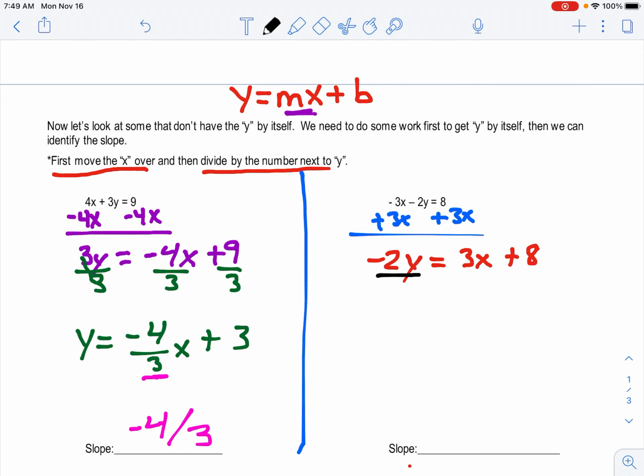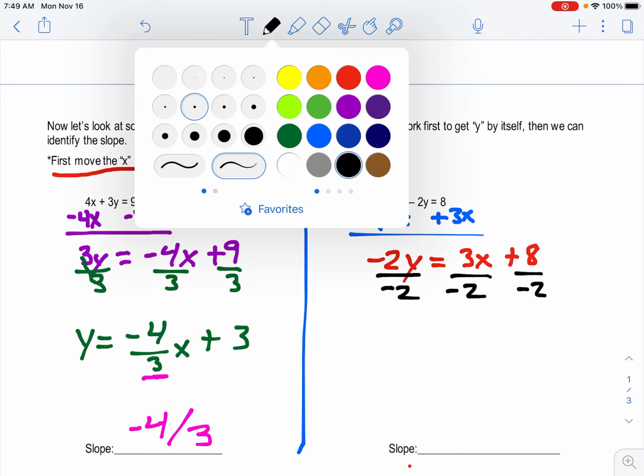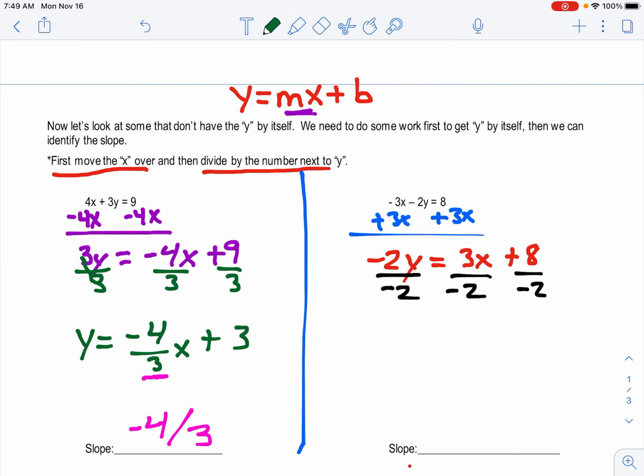Now let's go back and divide everything by the number in front of y, so divide everything by negative 2. That will leave us with y equals 3 over negative 2x, and 8 divided by negative 2 is negative 4.